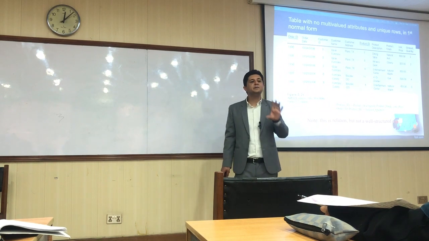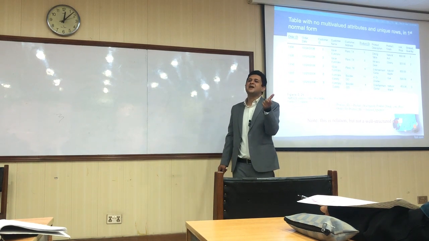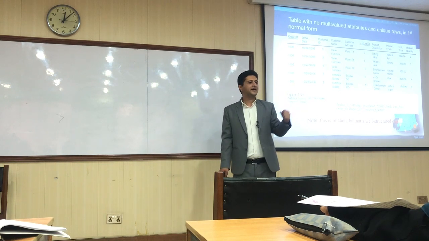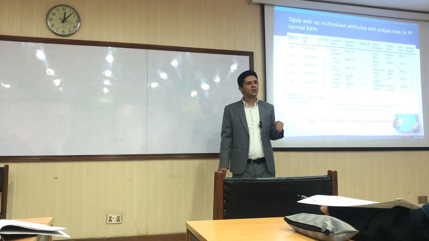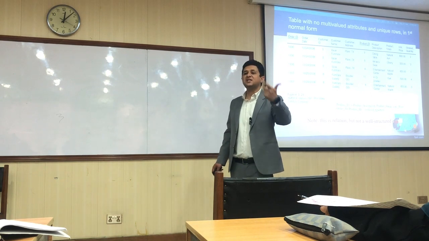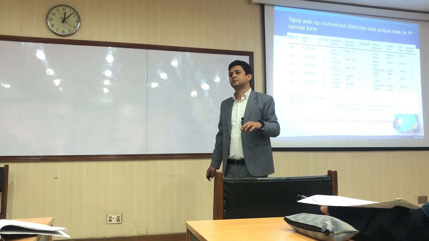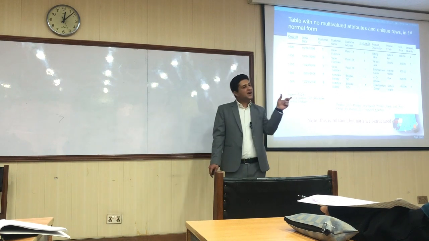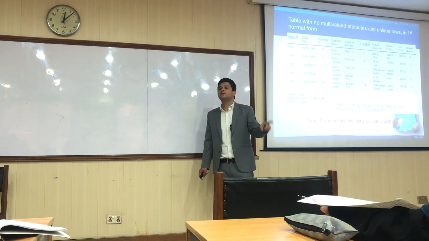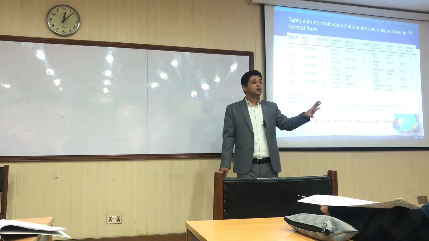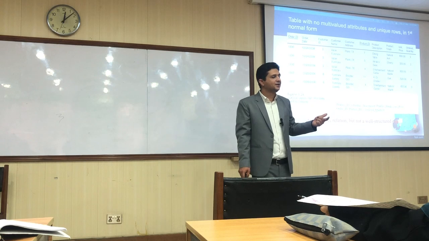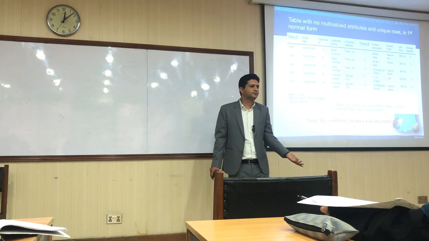Full functional dependency means that a part should not be able to unambiguously identify the value of an attribute. If a part can unambiguously identify the value of an attribute, then it would mean that that attribute is not fully functionally dependent. So not full functional dependency means that there is partial dependency.